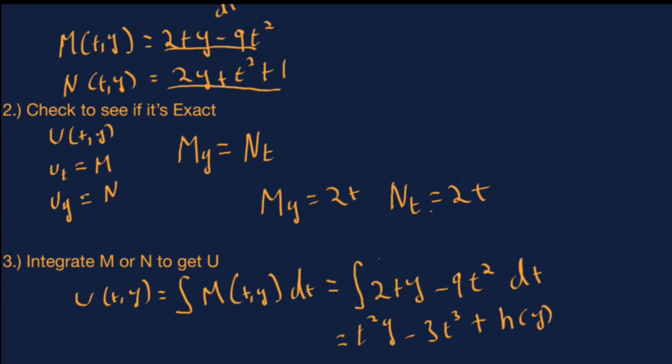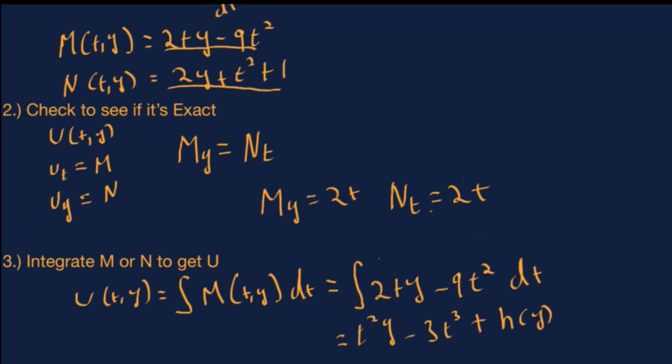And the reason why we're doing this is because we're taking the integral of the partial derivative with respect to t of u. So that means when u was differentiated with respect to t, all of the constants and the terms that contained y differentiated away to 0. So to account for that, we're using h of y instead of just a constant.